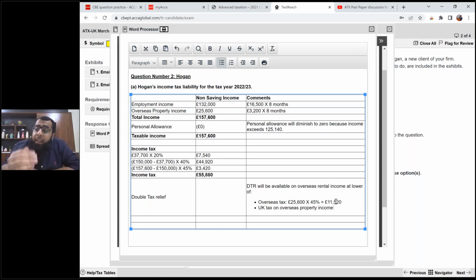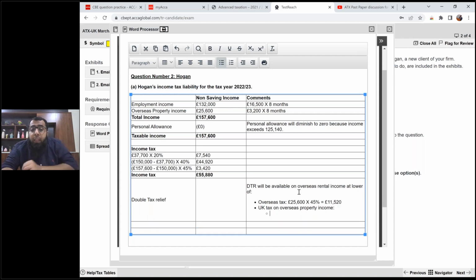See, the overseas tax was 11,520. The overseas tax on this income is 11,520 at 45%. Now I want to pick up the UK tax. How will I pick up the UK tax?